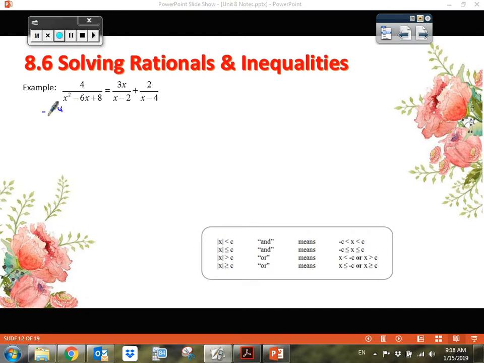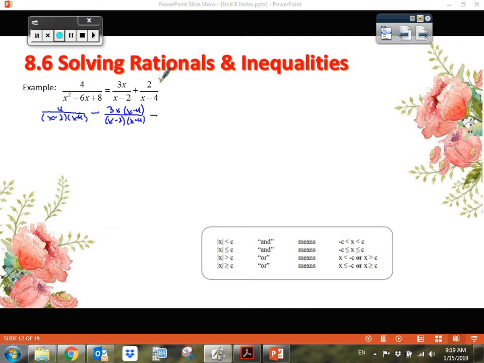So we have 4 over, and we'll just leave it factored, x minus 2, x minus 4. I'm going to subtract the others over, so minus 3x times. This has an x minus 2, so I need to multiply by x minus 4 over x minus 4.